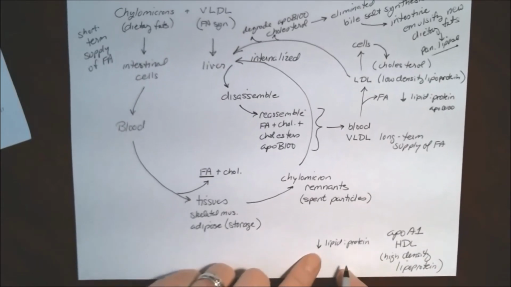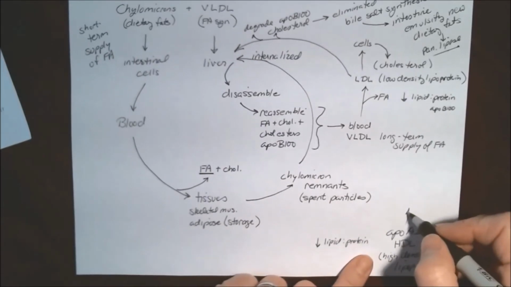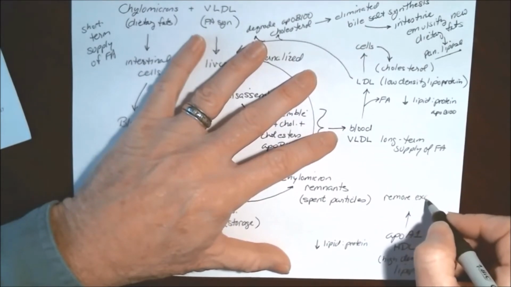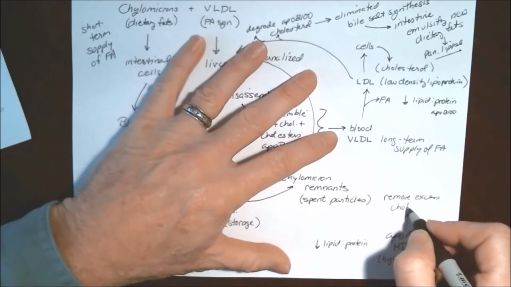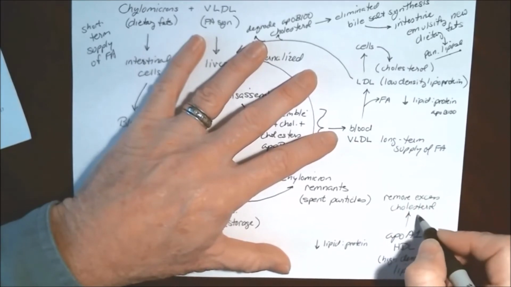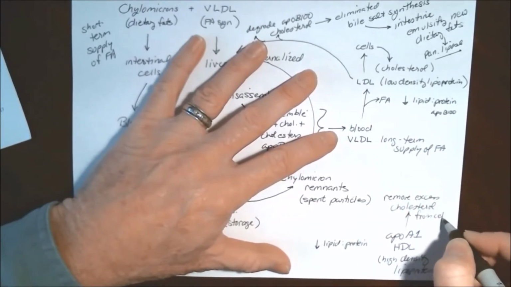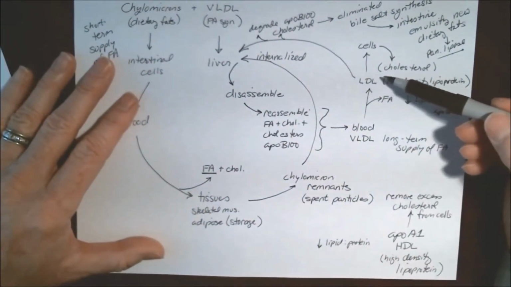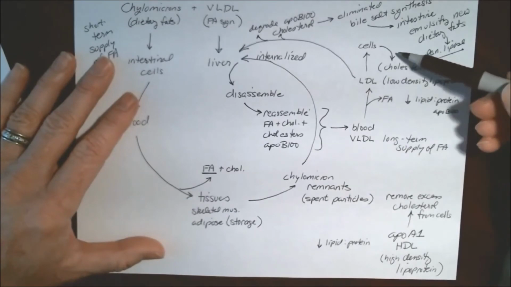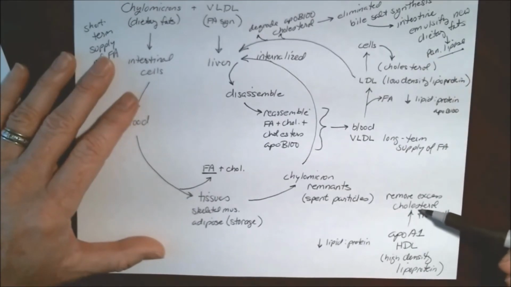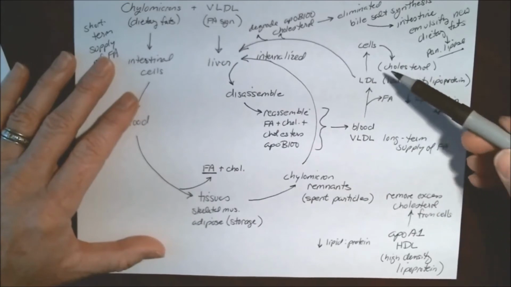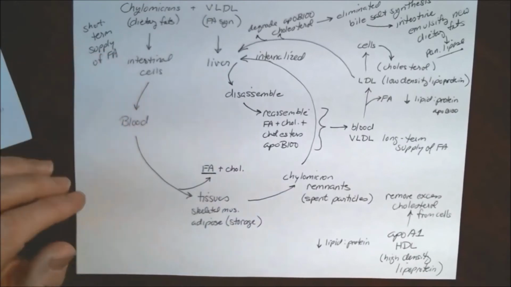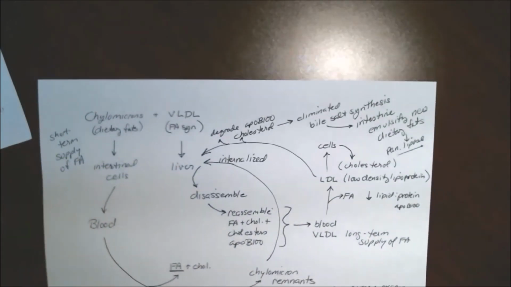The primary function of HDL is to remove excess cholesterol from cells. So LDL delivers cholesterol to cells. HDL removes excess. So the cell will use as much cholesterol as it needs, and any excess will be removed by HDL.